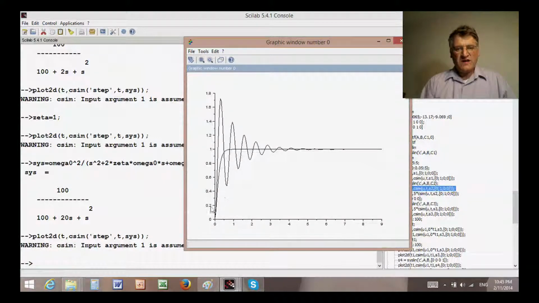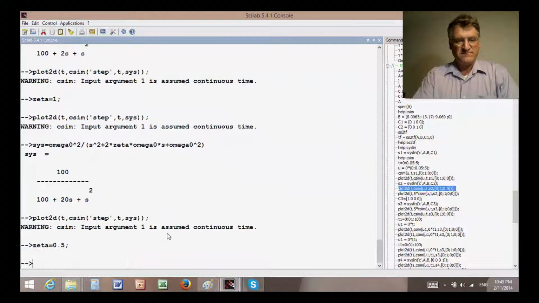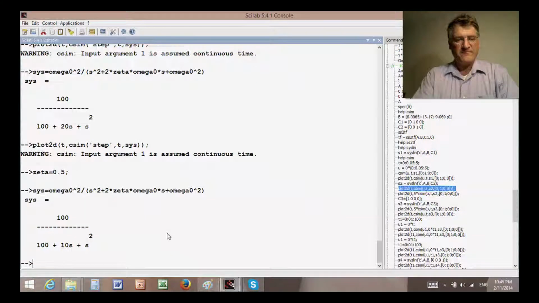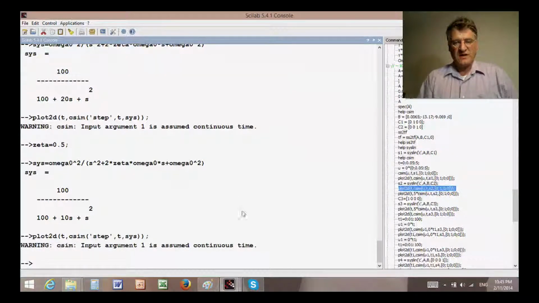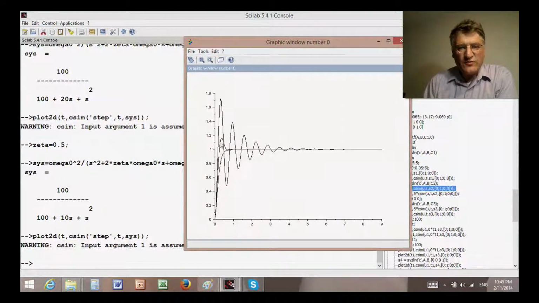And again, this is a critically damped thing. If I pick zeta to be equal to 0.5, and I plot the response of the system, again, as we have seen before, yes, we generate a little bit of oscillation.